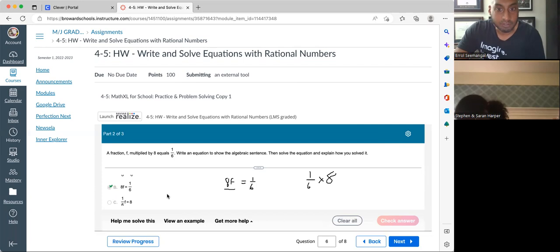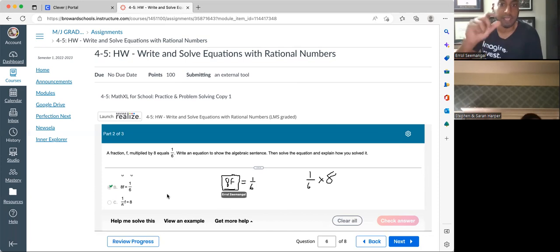What operation is this in between? When I write it 8f, is it 8 plus f, 8 minus f, 8 times f, or 8 divided by f? Times. Okay, yeah, it's times. When I write it side by side like that, it's times. So what's opposite of times?